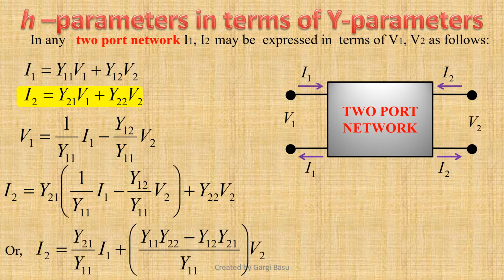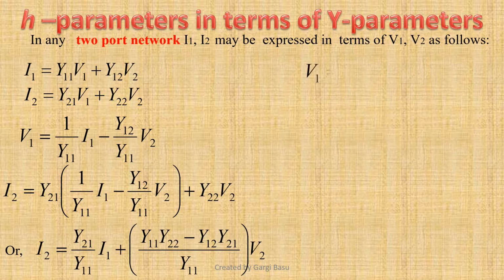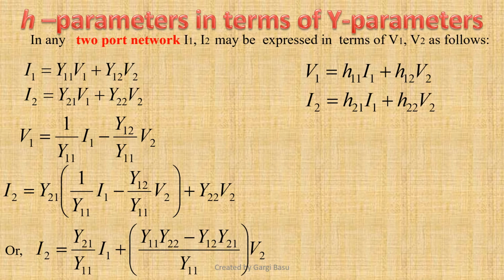When we describe our two-port network using hybrid parameters, the linear equations used are V1 equals H11 I1 plus H12 V2 and I2 equals H21 I1 plus H22 V2. Comparing the expressions of V1, we get H11 equals 1 upon Y11 and H12 equals minus Y12 by Y11.